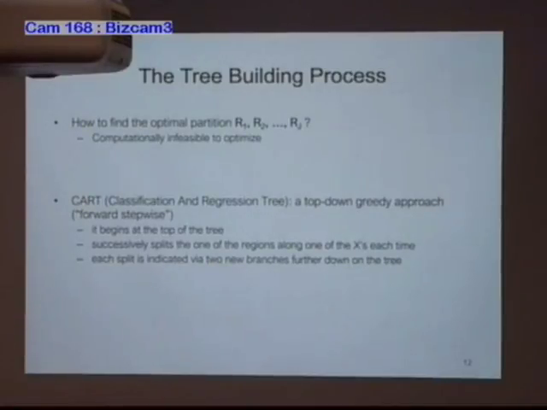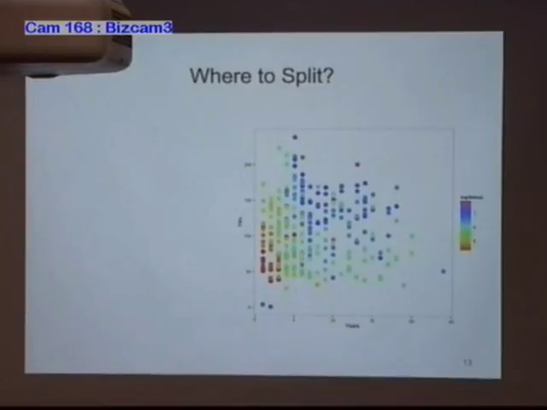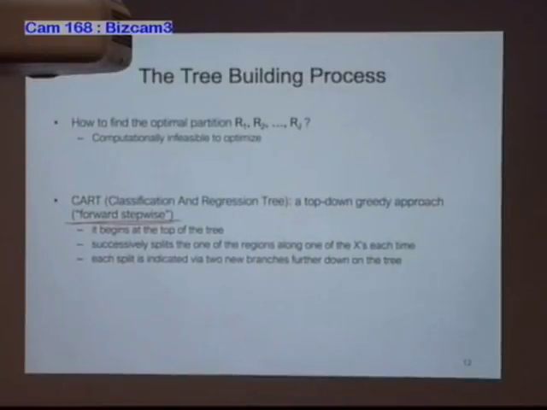If you think about that, this is essentially the forward stepwise model selection in linear regression. That's exactly the same problem. In linear regression, before we had the tool of Lasso, we were facing the subset selection problem. We need to choose which X should be in the model, which shouldn't be.